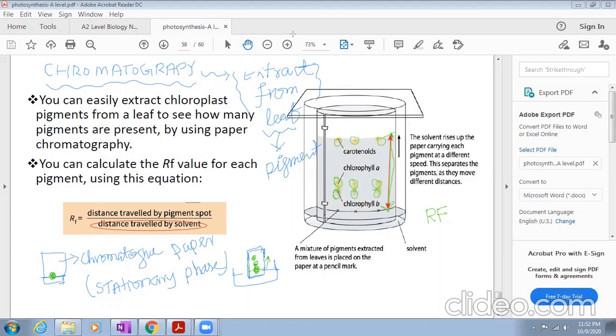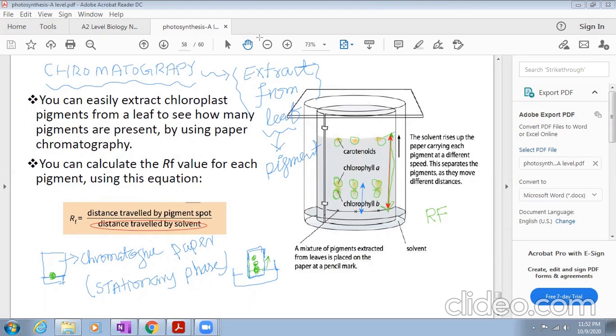So for each pigment you will find the Rf value. For example, here I'm considering the distance traveled by the pigment spot for chlorophyll A. So this distance covered by chlorophyll A, this distance traveled by chlorophyll A. All right, I hope it is clear up to here.